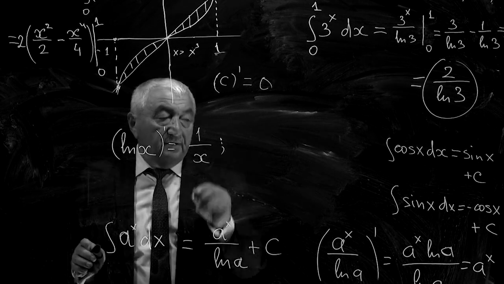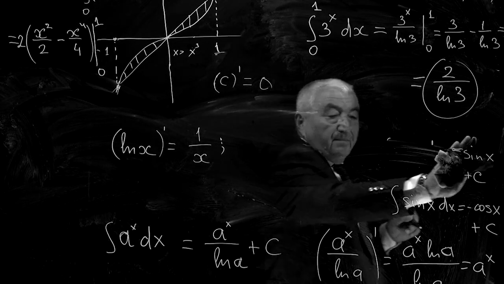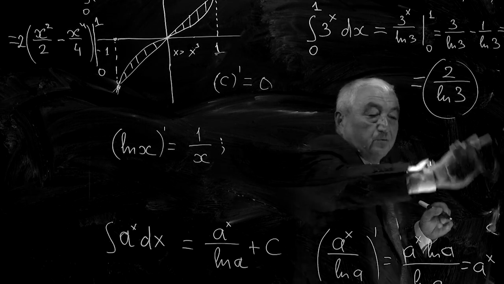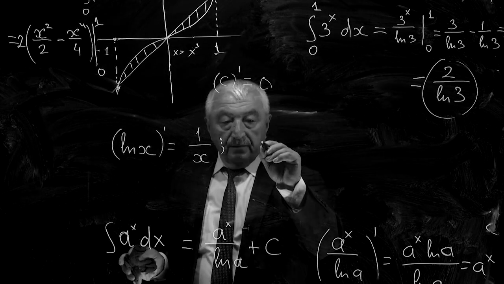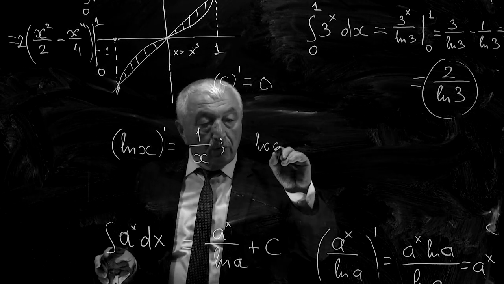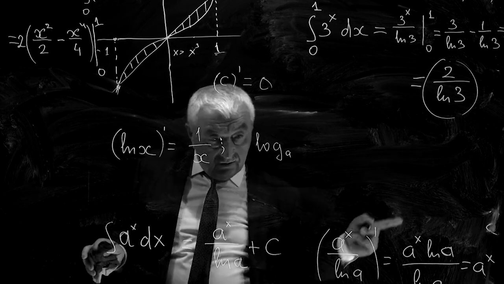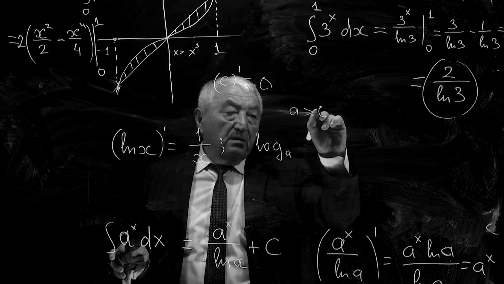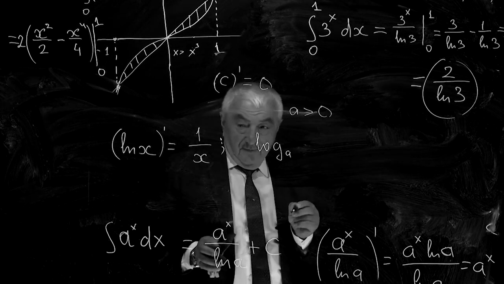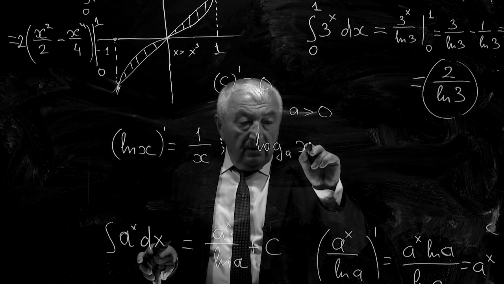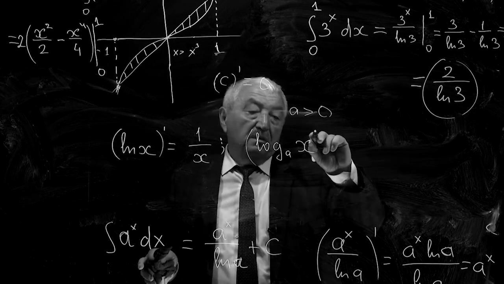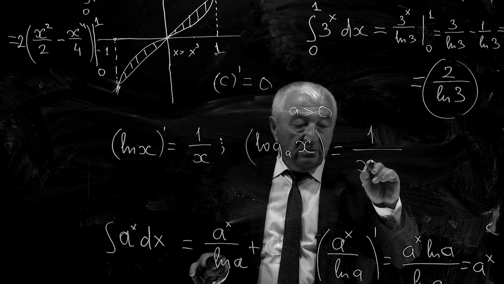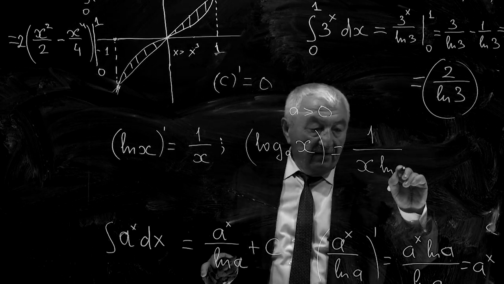If we have another base, for example, the logarithm with respect to a, where a is a positive number, of x, the derivative is equal to 1 divided by x times the logarithm of a.